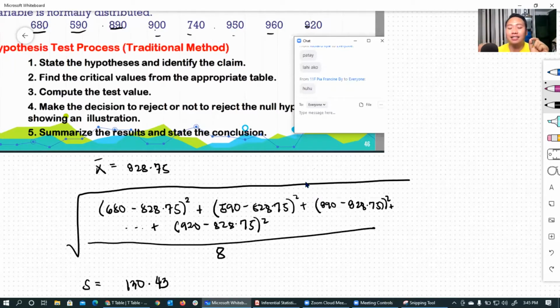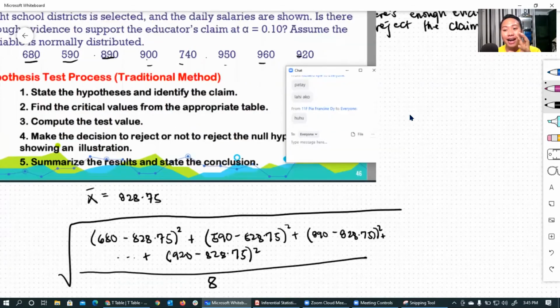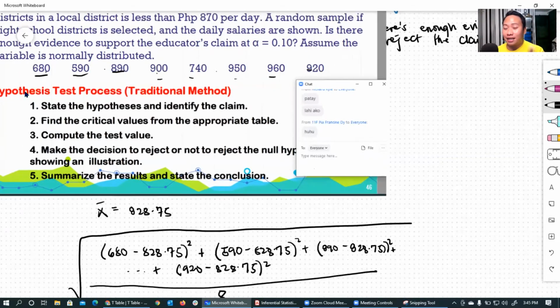Let's clarify that. You do n minus 1 if the standard deviation you are solving is coming from a population and you have a sample. For example, you have a population and you want to solve a sample standard deviation, you do n minus 1. But in this problem, guys, it's already the sample size. It's already the sample.